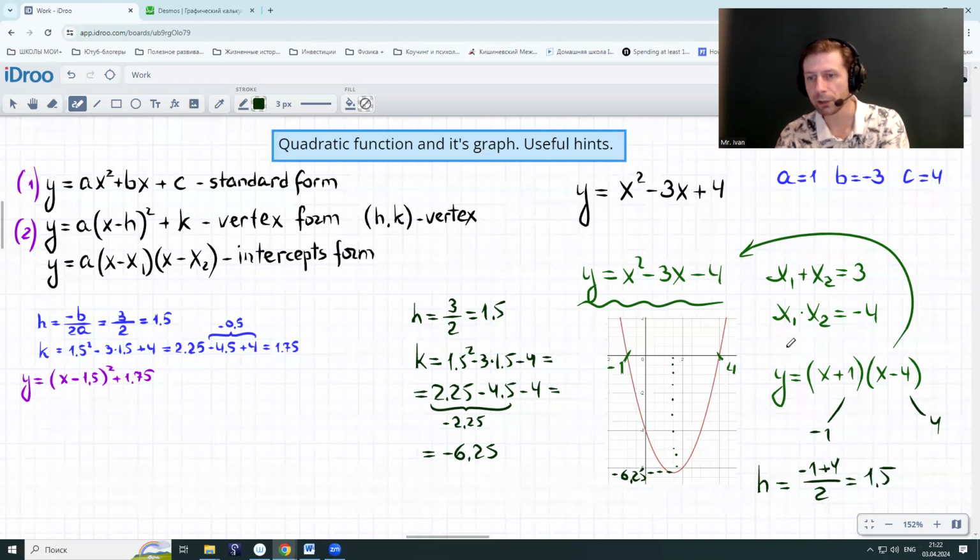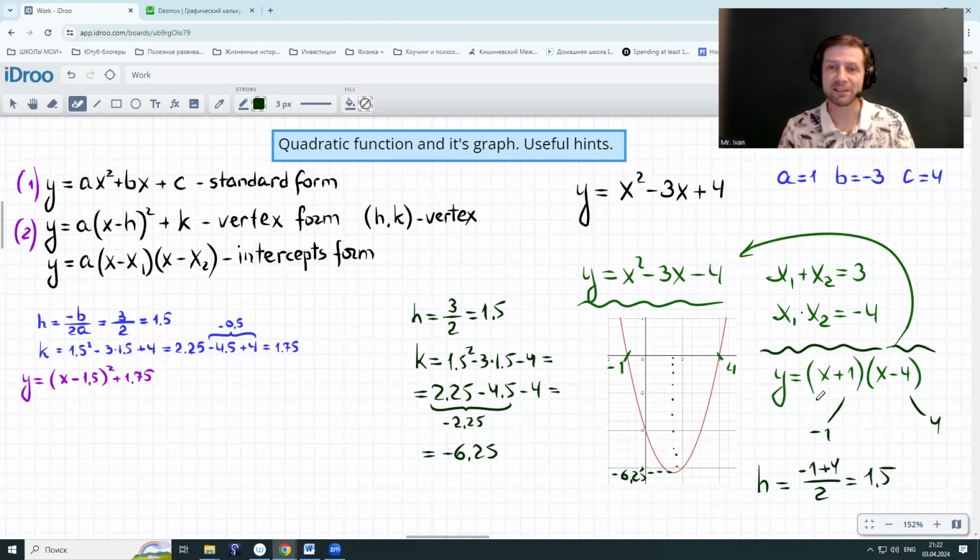See, so this kind of form, if there are x-intercepts, could be utilized to find h very easily. So these are some simple hints. How could you get from one equation to another, and how you could see how a quadratic really behaves on the graph.